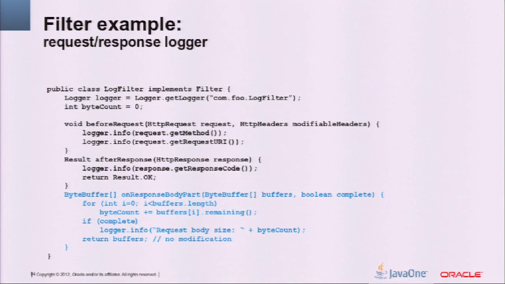All it does in this example is keep a byte count. So across each call of this method, a byte count is maintained and incremented with the size of each byte buffer that's been passed in. And then in the final call, when complete is true, it logs the total count at that point. So it's quite a simple example.